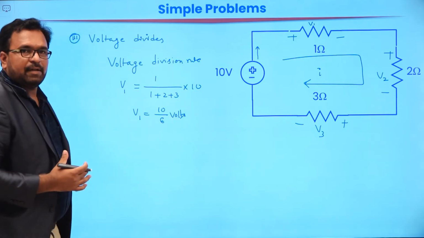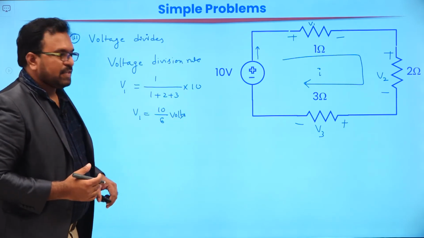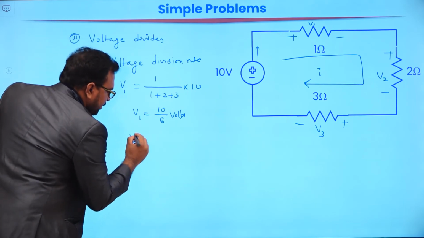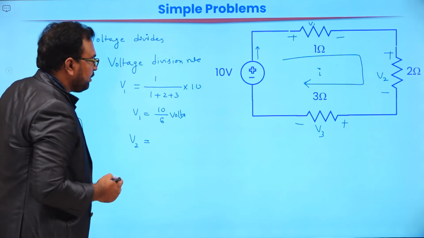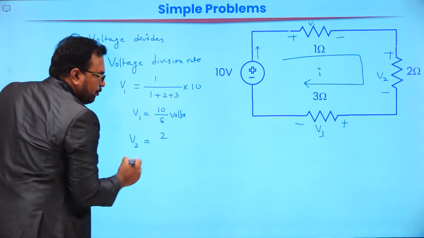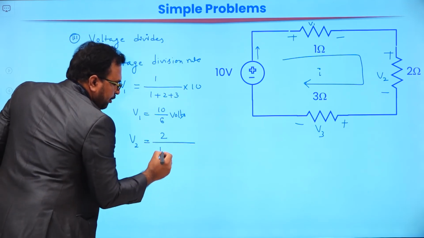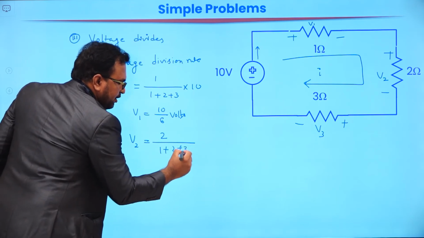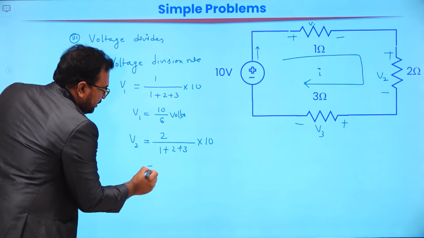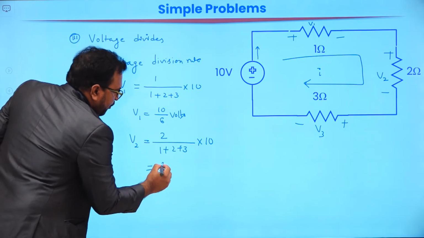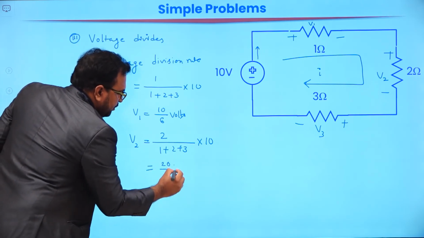This is how you are going to calculate voltage across first resistor. Now similarly, if you want to calculate the voltage across 2 ohms, how will you calculate? The resistance value itself 2 ohms divided by the total resistance 1 plus 2 plus 3 into total voltage 10. That means the voltage is 20 by 6 volts.